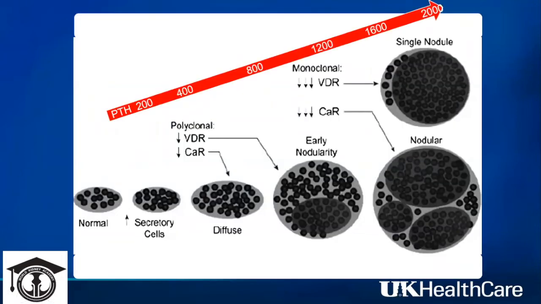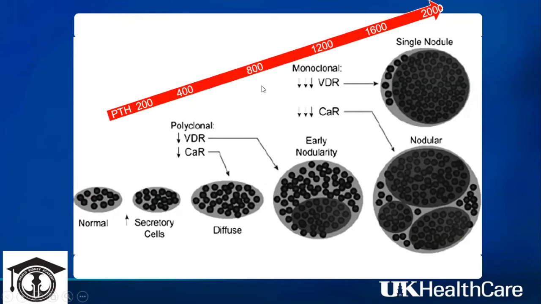In the CKD process, here is a normal parathyroid gland in very early CKD, but in moderate CKD, there is glandular hyperplasia, and as we mentioned, it's polyclonal proliferation, with an increase in the number of cells and the size of the gland, with a mild decrease of the vitamin D receptor and calcium sensing receptors, okay?